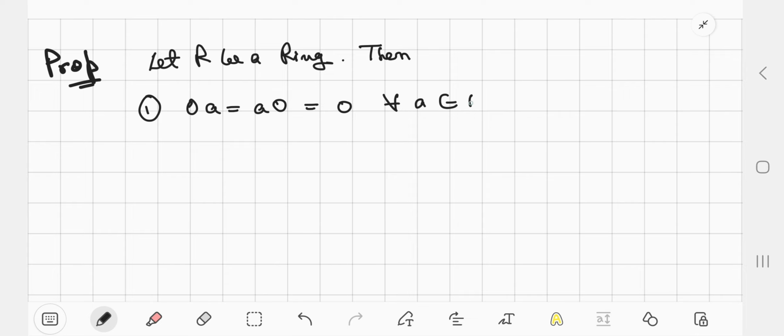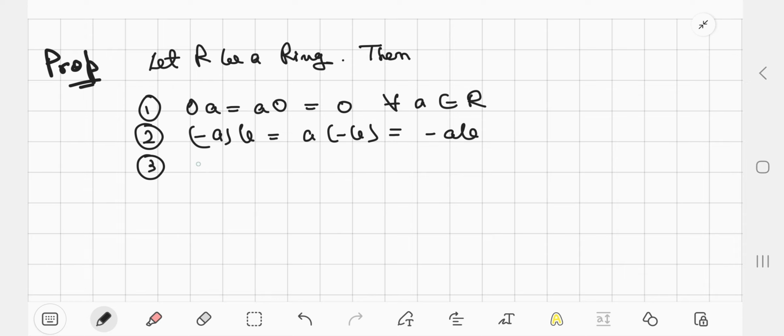This happens for all elements in the ring. Number two is that minus a times b is the same as a times minus b, and this is the same as minus ab. Number three, minus a times minus b is the same as ab.